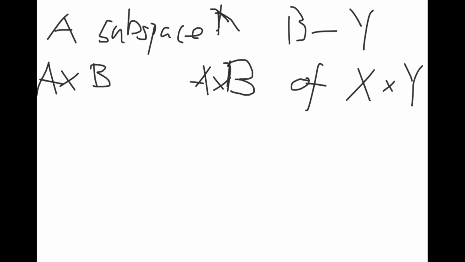It's very simple. Can you repeat? So A is a subspace of X and B is a subspace of Y. The first A times B is the product topology on A times B, and the second one is the topology inherited as a subspace topology. We need to prove they are the same.